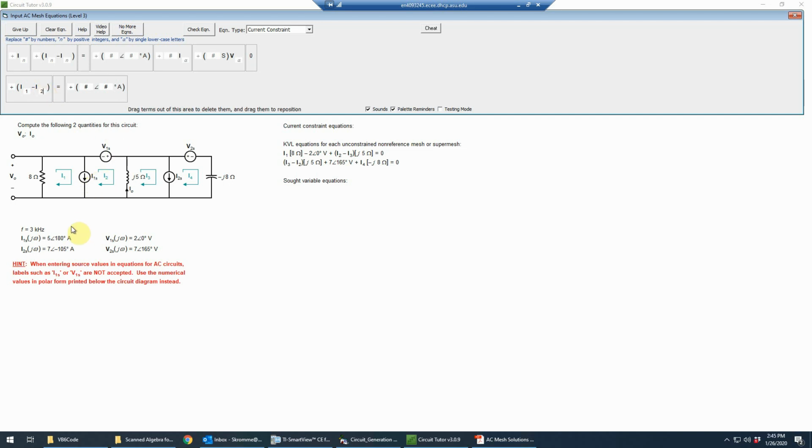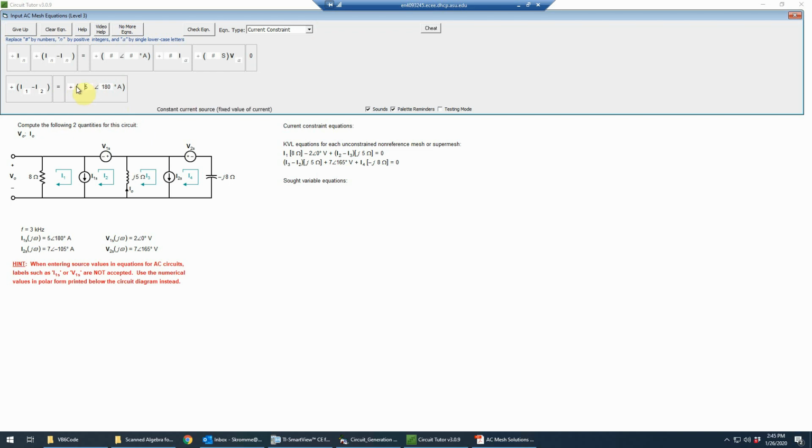And then the value of the I1S source is found down here. It's 5 angle 180 degrees. Now you may know that 5 angle 180 is the same as negative 5 in rectangular form of the complex number, but this is the polar form, and in the polar form you cannot enter a negative 5 here, for example, because magnitudes of a complex number are always by definition positive, so that'll give you an error.